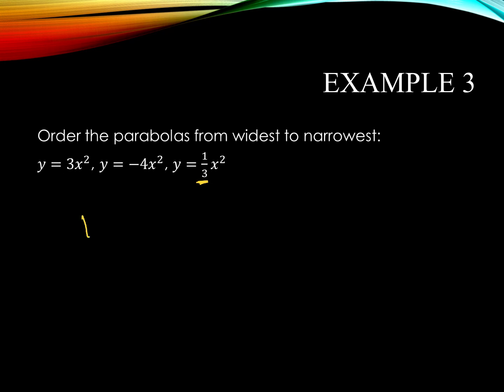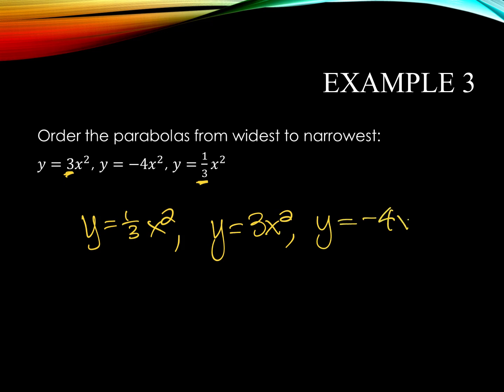So that means I'm going to have y equals 1/3 x squared as my widest. The next widest will be 3, because 3 is smaller than 4 if I take the absolute value. So then I have y equals 3x squared, which then leaves me with y equals -4x squared as the narrowest.